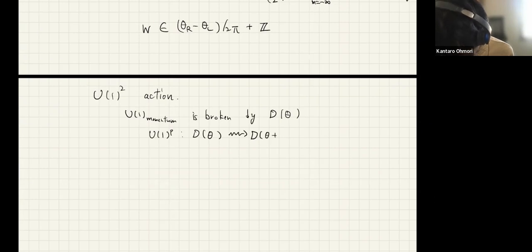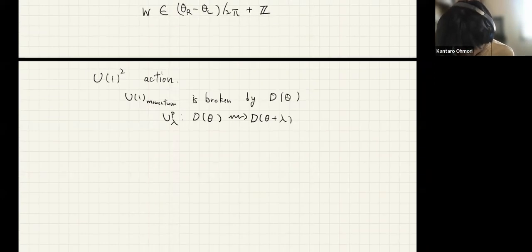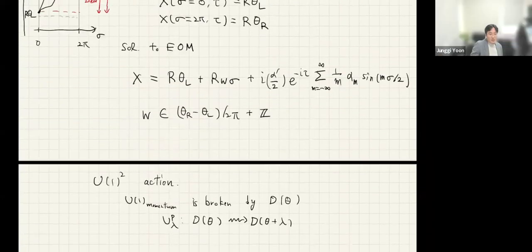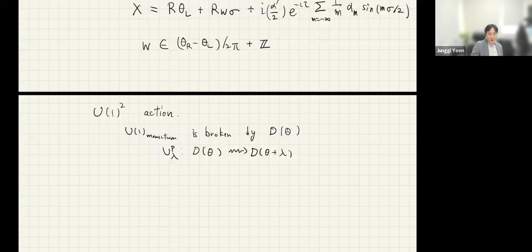So maybe U_P(lambda) shifts by lambda, because it translates the string. Here there are two, you translate both of them at the same time. Yes.